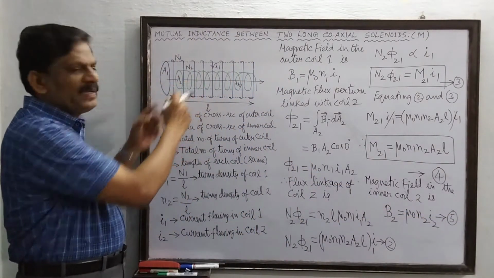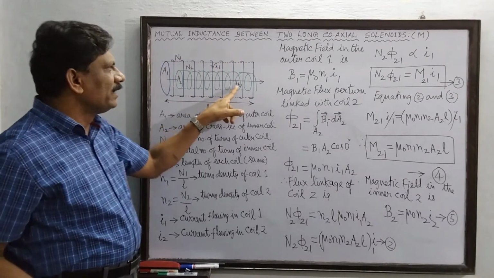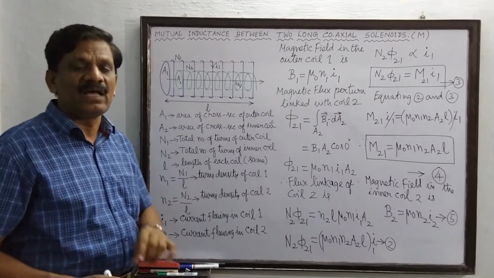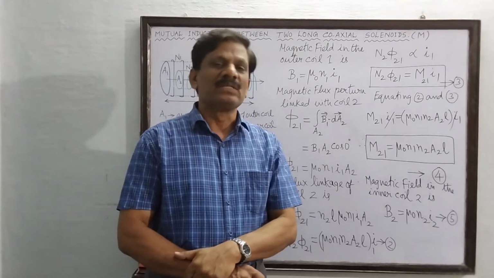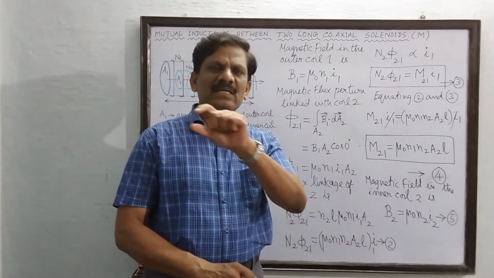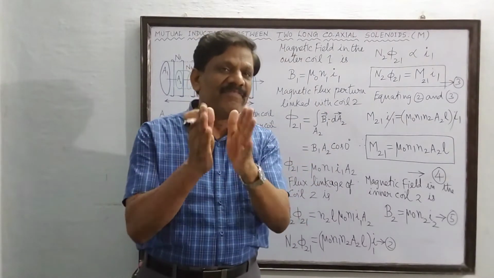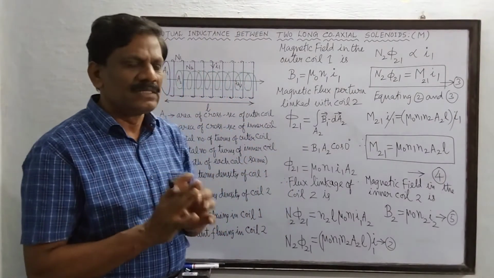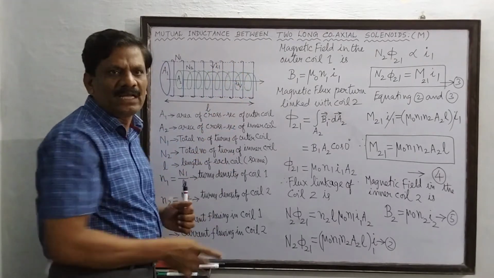So now look at this picture, all of you. This smaller coil is carrying a current I2. And because of this current, there is a magnetic field along the axis of the second coil. Is it not? So the second coil is placed inside the first coil, the larger coil. And the second coil is producing a smaller magnetic field only. So the field of the secondary coil is not extending outside the second coil.